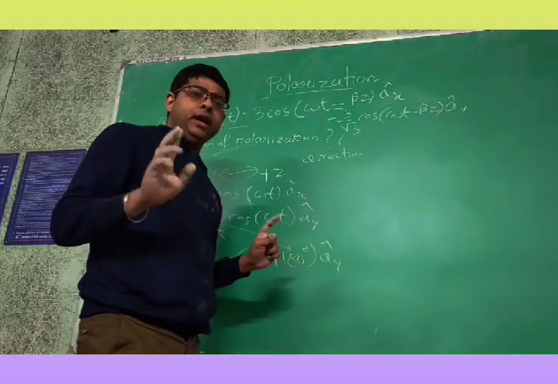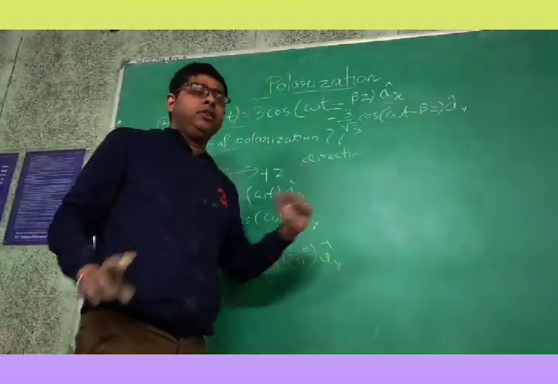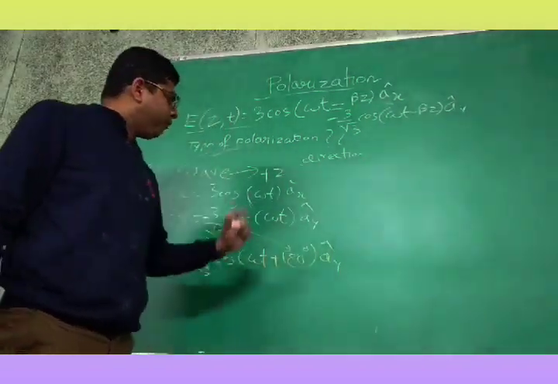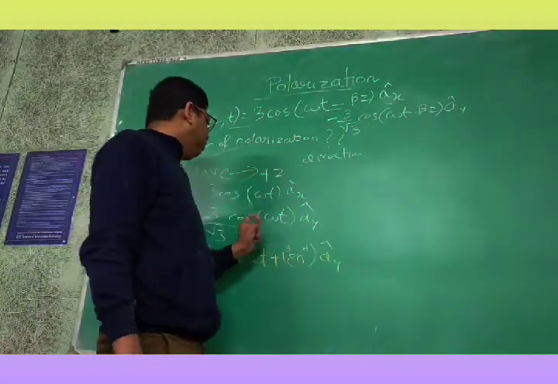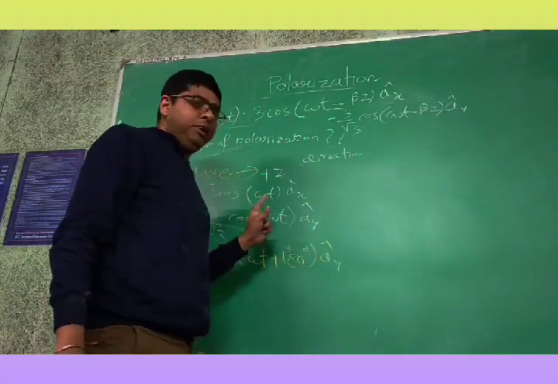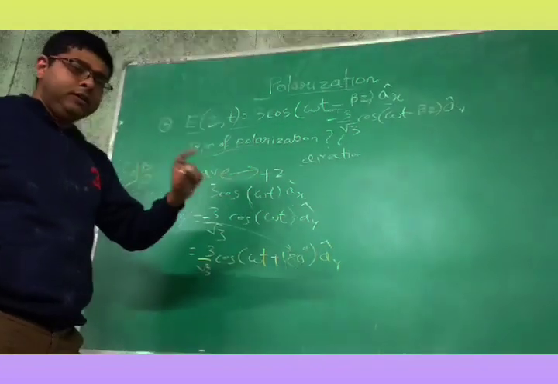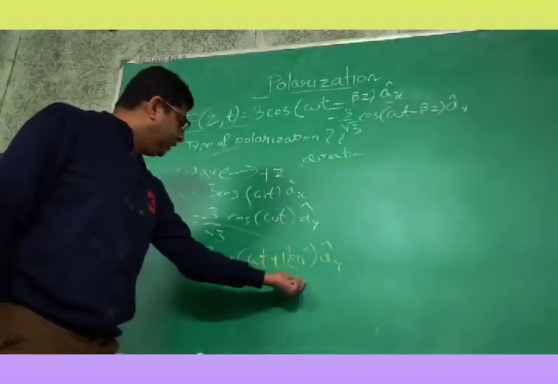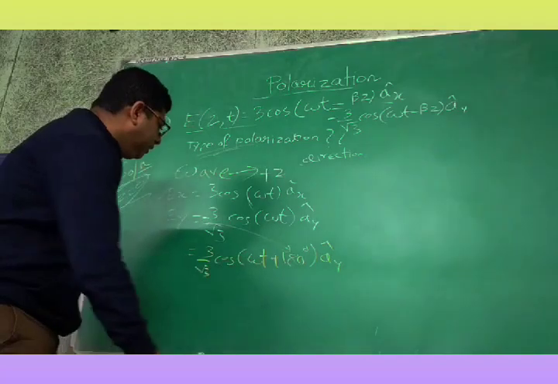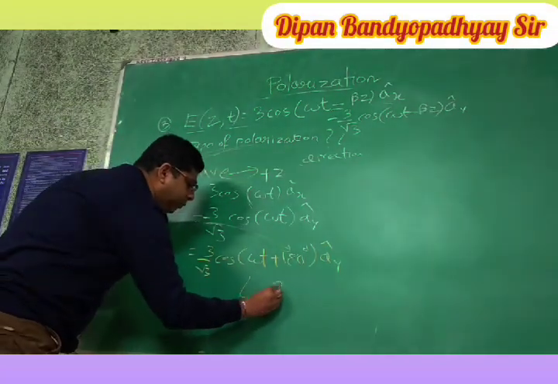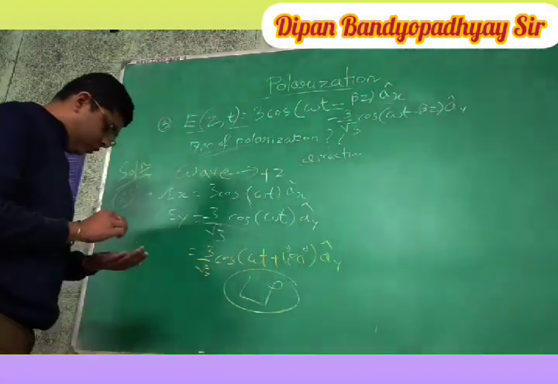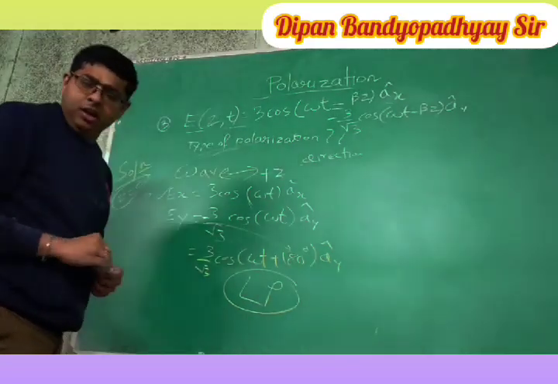For circular polarization, we need odd multiples of 90 degree. But for linear polarization, the phase difference should be either 0 or 180 degree. So in this case, we have a phase difference of 180 degree, so we can directly say this is linear polarization. If you want, you can draw.